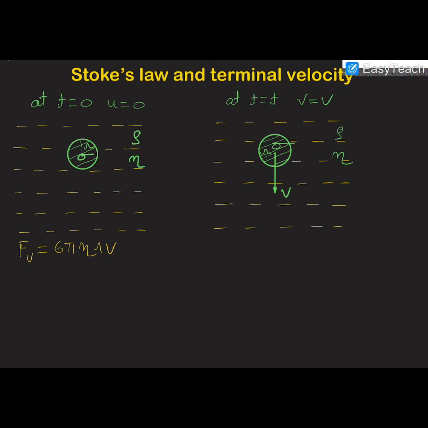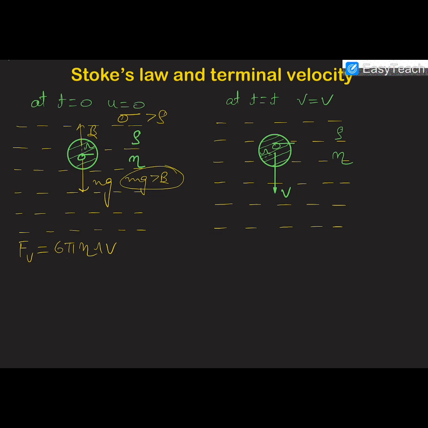In this situation, there is a ball having density sigma, which is greater than the density of the liquid rho, and this ball is released from rest in a liquid of viscosity eta at t equal to 0. At this point, mg acts downward and buoyancy acts upward, and obviously mg is greater than buoyancy since sigma is greater than rho.